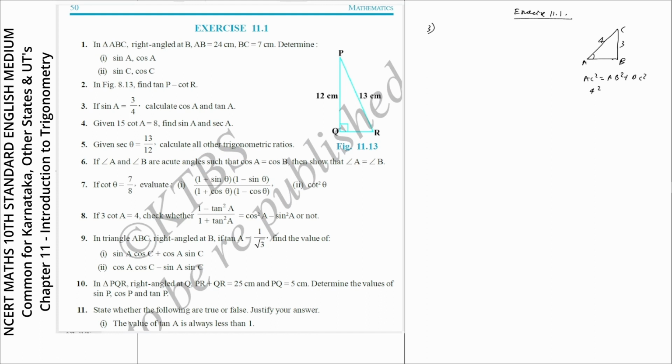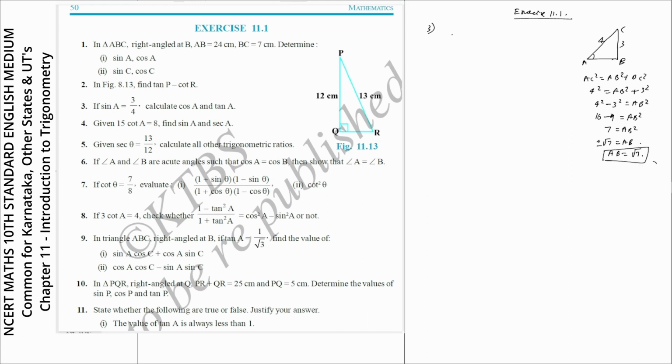So 4 square is equal to AB square plus 3 square. So 4 square minus 3 square is equal to AB square, that is 16 minus 9, which is 7, equal to AB square, or square root of 7 is equal to AB. We will take only the positive value, that is root 7.